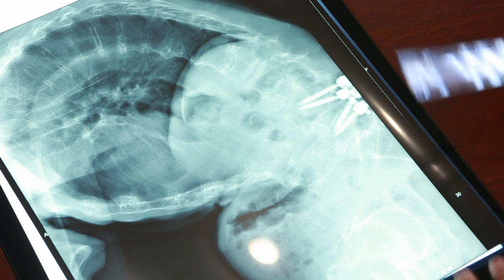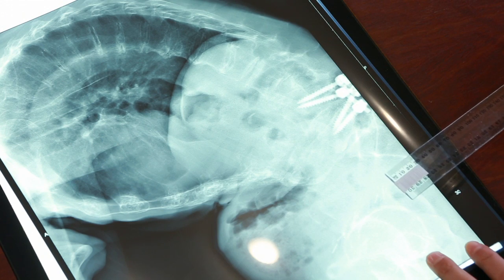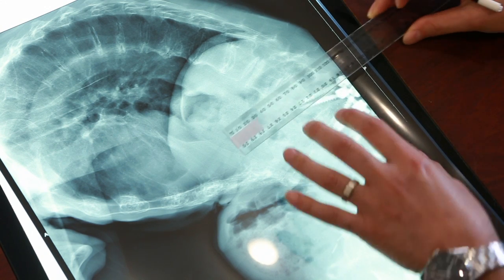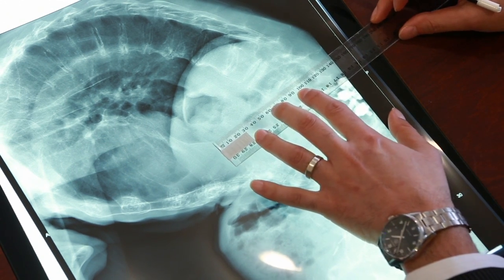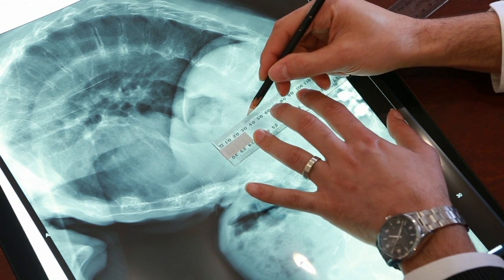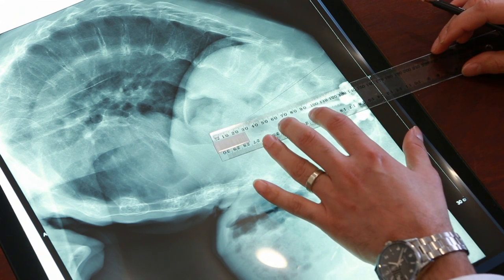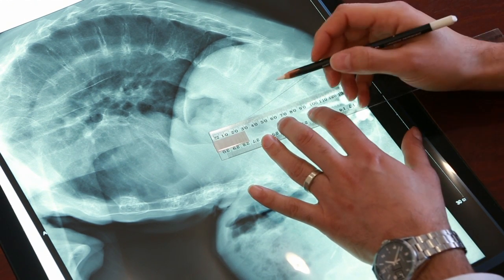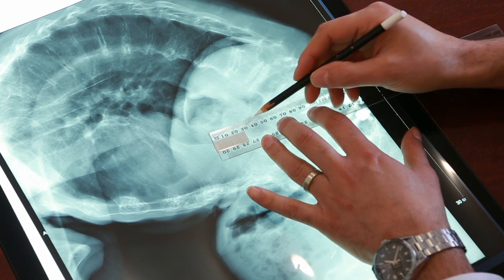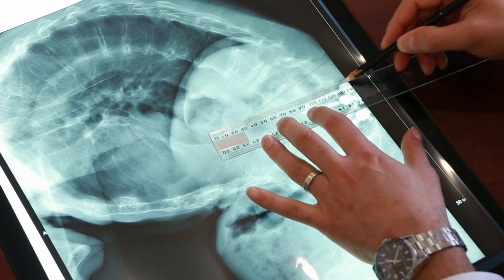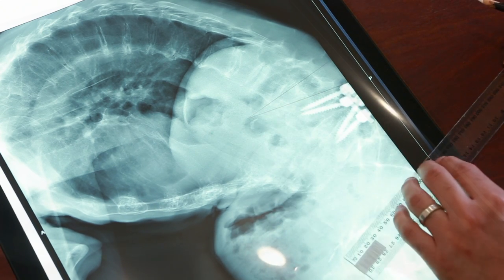It was inevitable. So I've calculated that this patient requires at least 60 degrees of correction of his sagittal plane deformity, and this can be achieved by removing a wedge of bone through 2 vertebrae. The first vertebra which I'll choose is L3, and this is just showing the angle of the osteotomy.